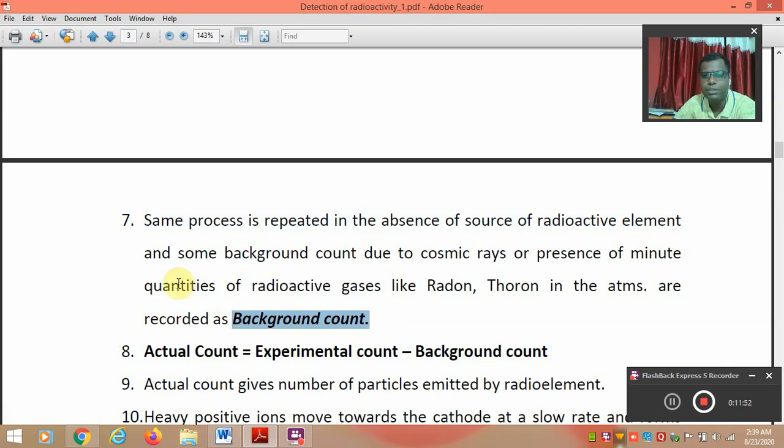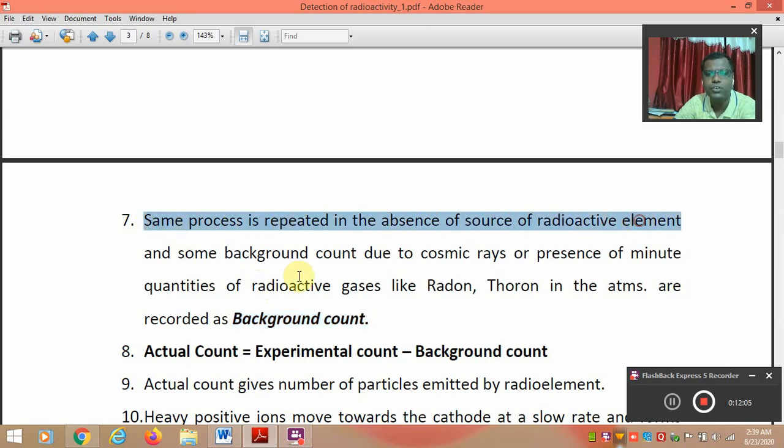Actually, a count will still be there, because of the current, because of ionization. But this ionization is not because of the alpha and beta radiations emitted by the radioactive element. It will be because of cosmic rays.